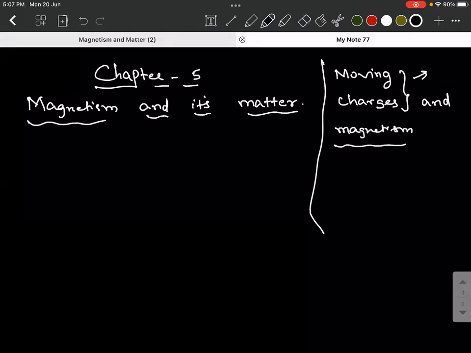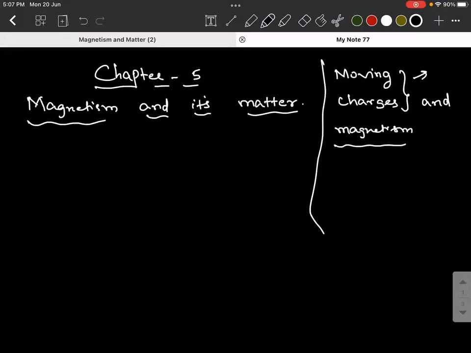So chapter number 4 clearly tells us that as long as there is motion in charges taking place, you can say magnetism is induced in the material, right?